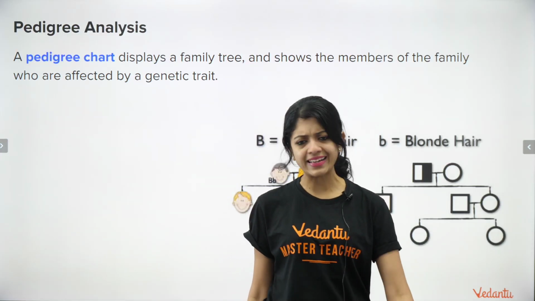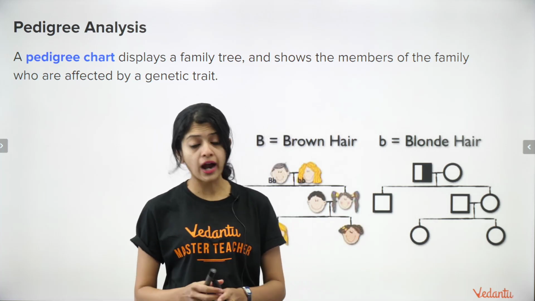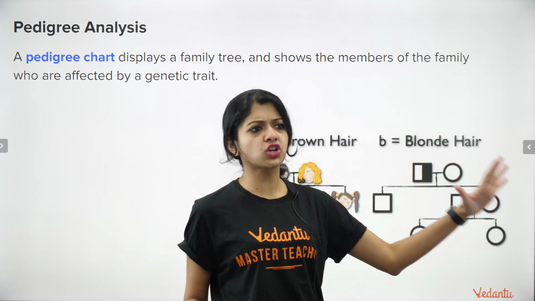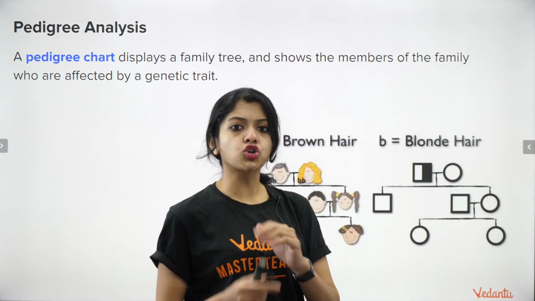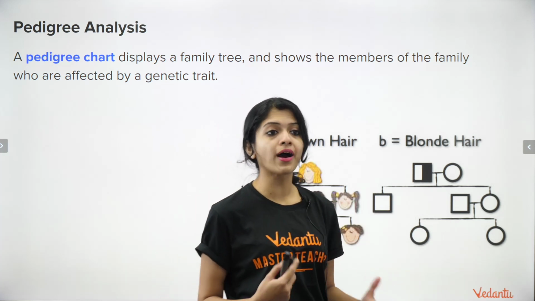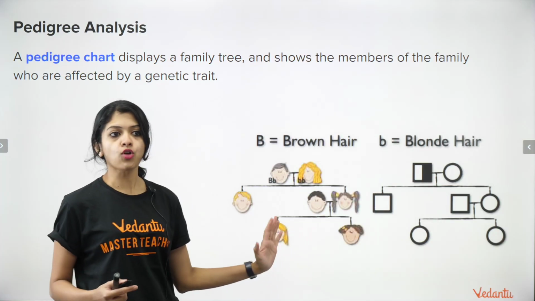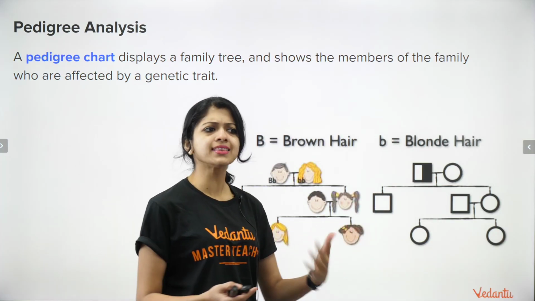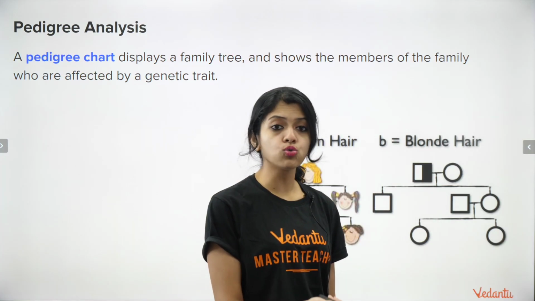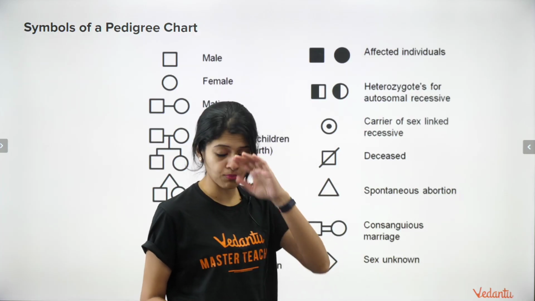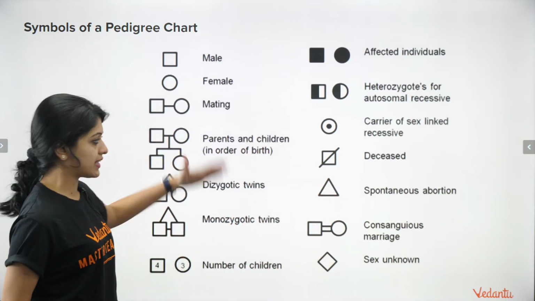And then the pedigree analysis, as you know, is a chart in your textbook also. It's a chart that displays a family tree. It shows the members of a family who are affected by a particular genetic trait. This is just an example of a pedigree chart. There are symbols that we use for a pedigree chart, which are these.